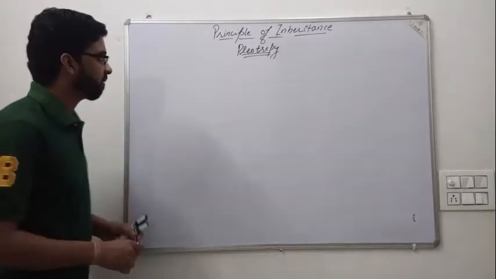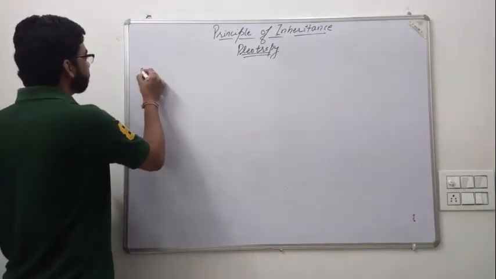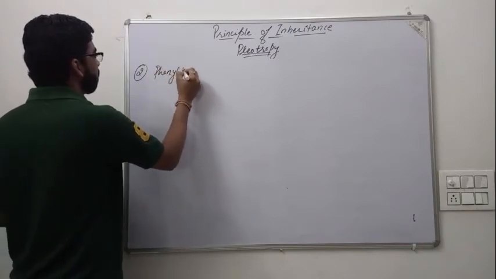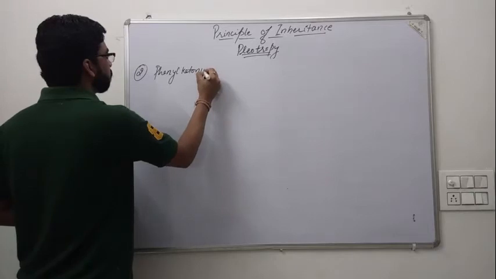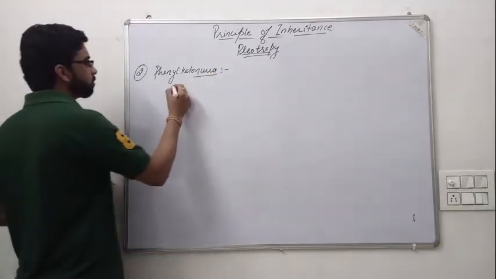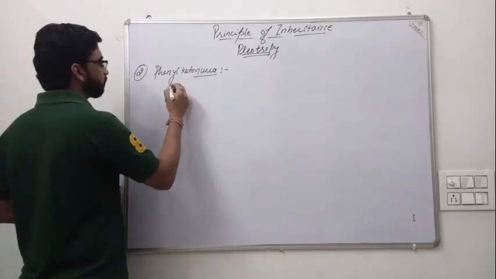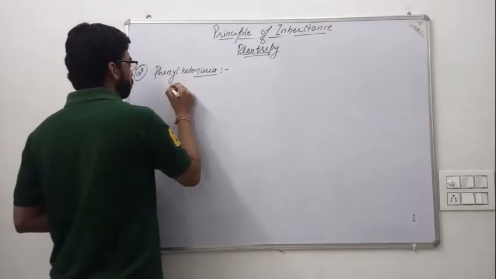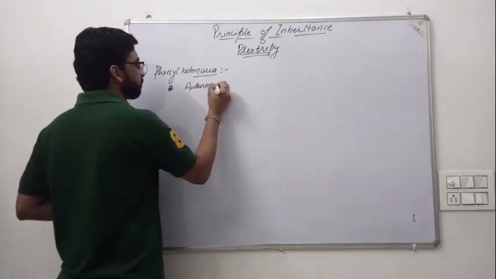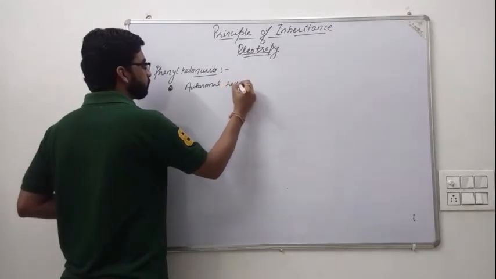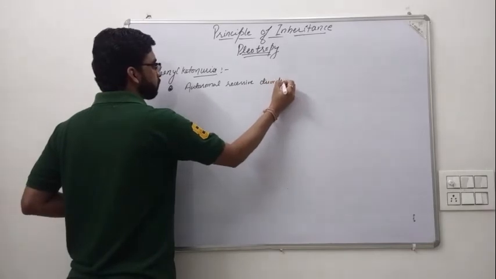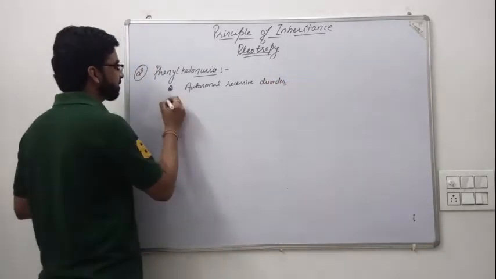Now the next example of pleiotropy is phenylketonuria. It is also an autosomal recessive disorder.